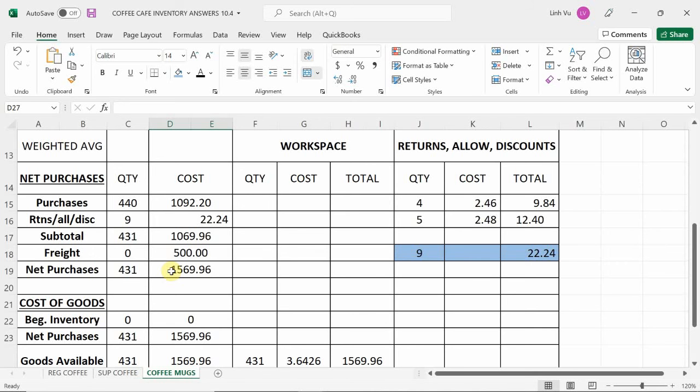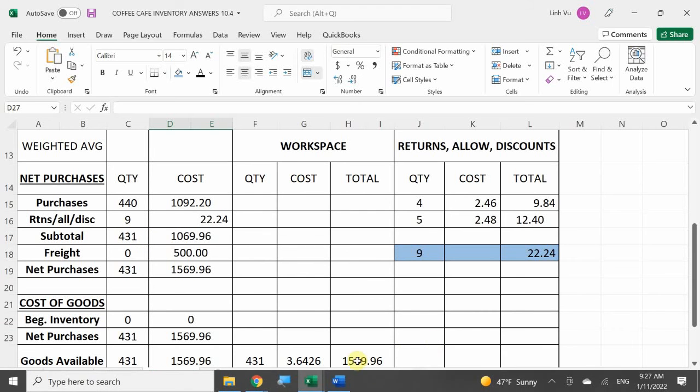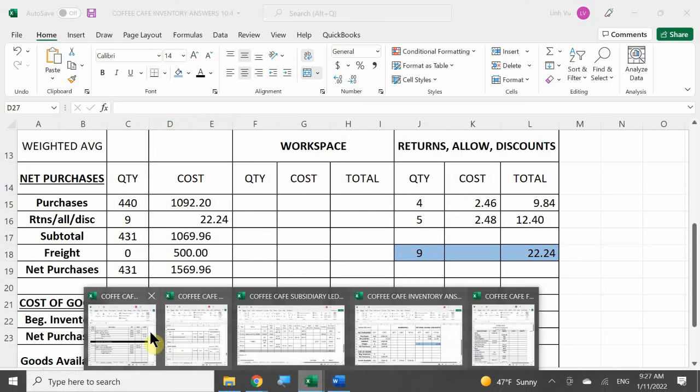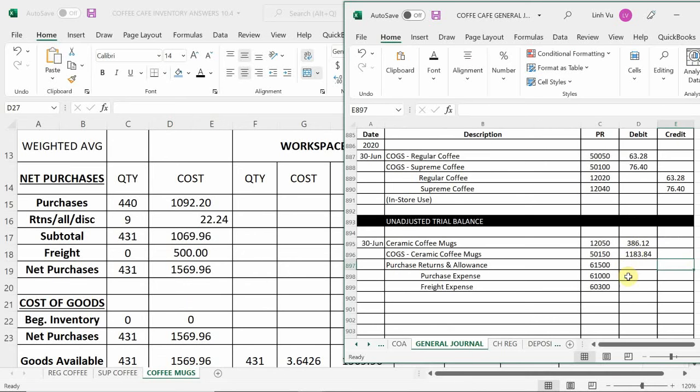Yes. How much was the total purchases? $1,092.20.